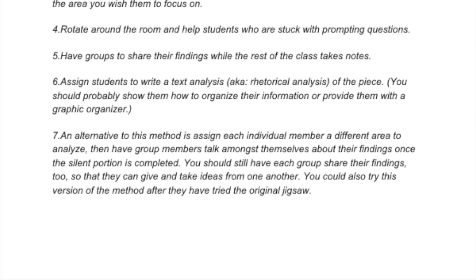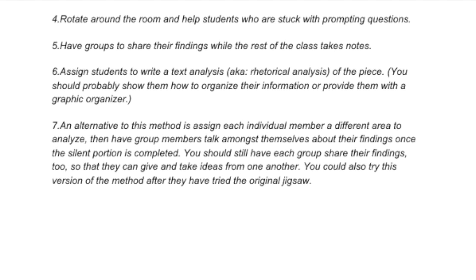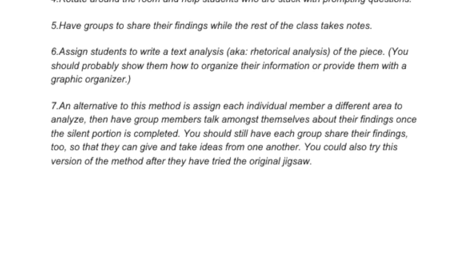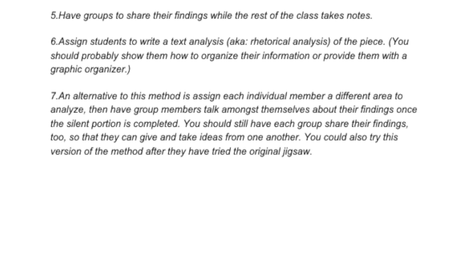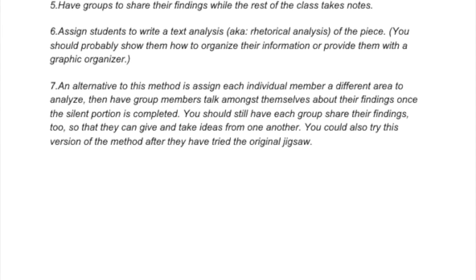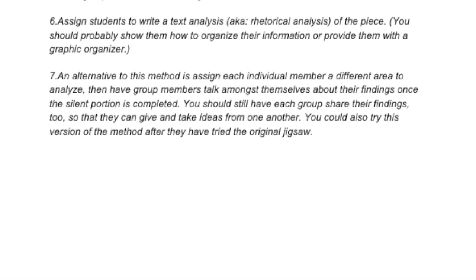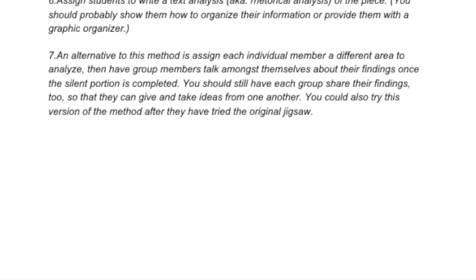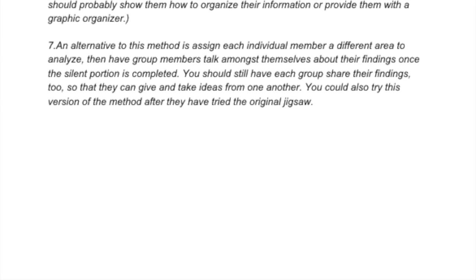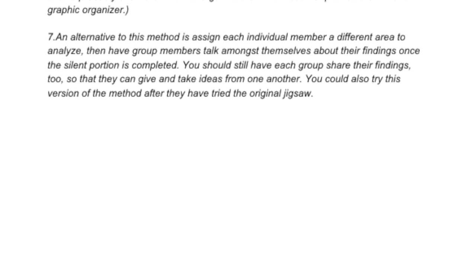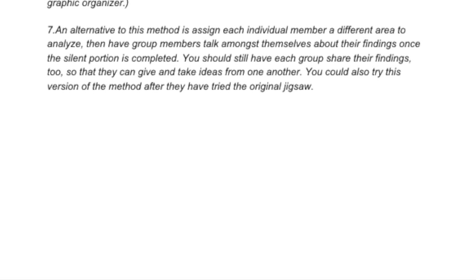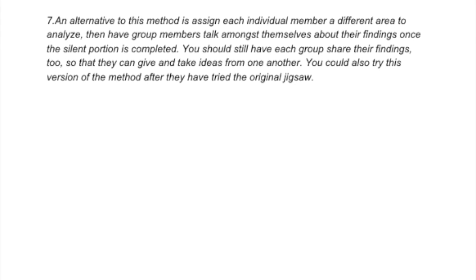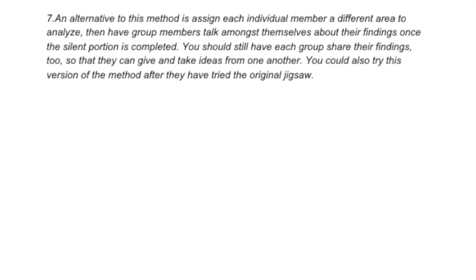Or you could group homogeneously and put students together who have the same skill levels and try to assign students different parts of the article that are more difficult than others. Once students have all completed annotating their own sections or parts of the text, you can have students report back to the larger group and tell everybody else the meaning behind their section.